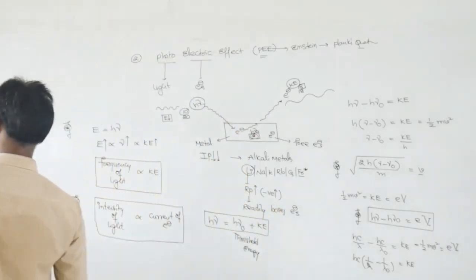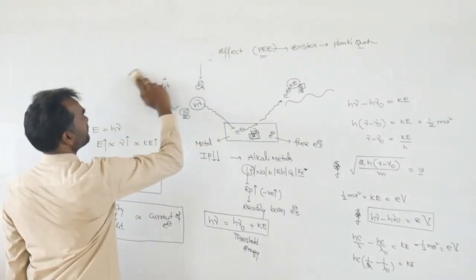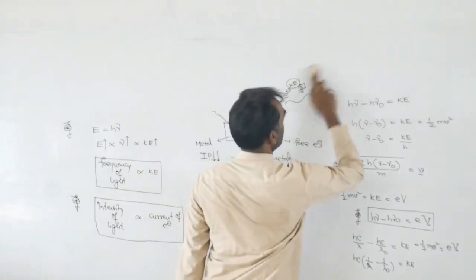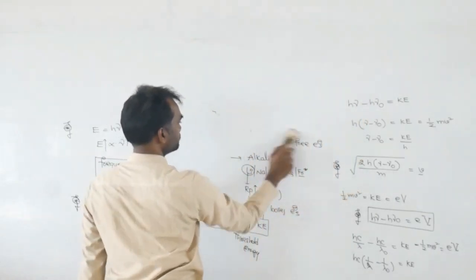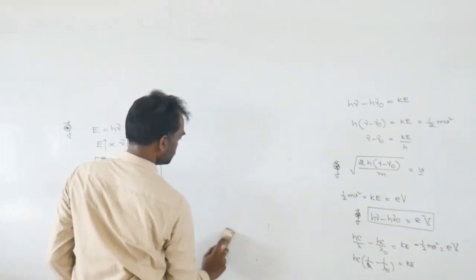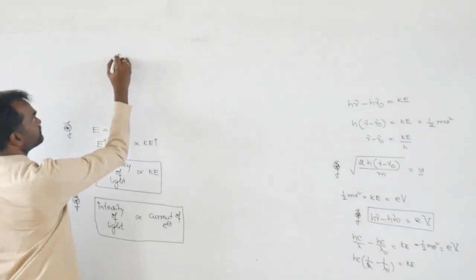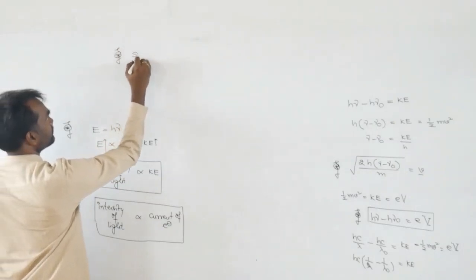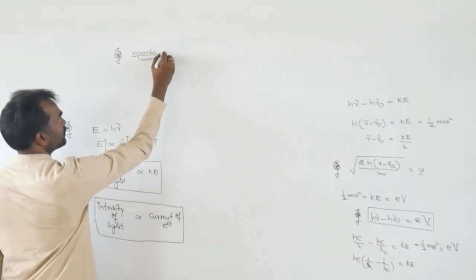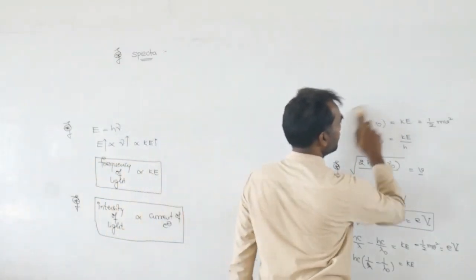Next, after this we are going to discuss spectra. What is the meaning of spectra? It is a combination of light energy.